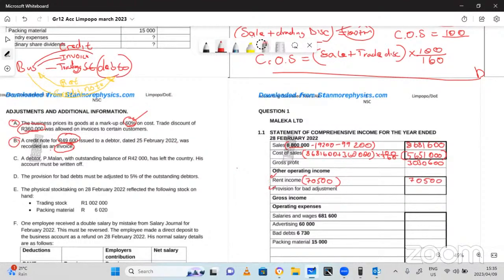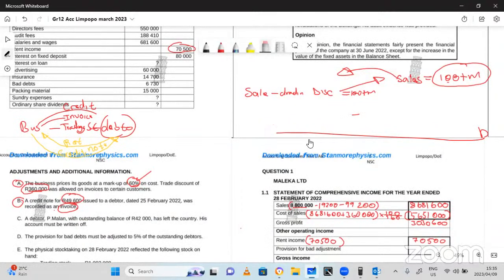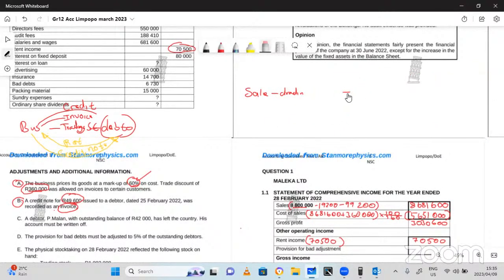Then we move on to the provision for bad debt. Before we do, I would like to highlight something with respect to provision for bad debt. We must always remember that we are comparing two values, the old value of the provision for bad debt and the new value.